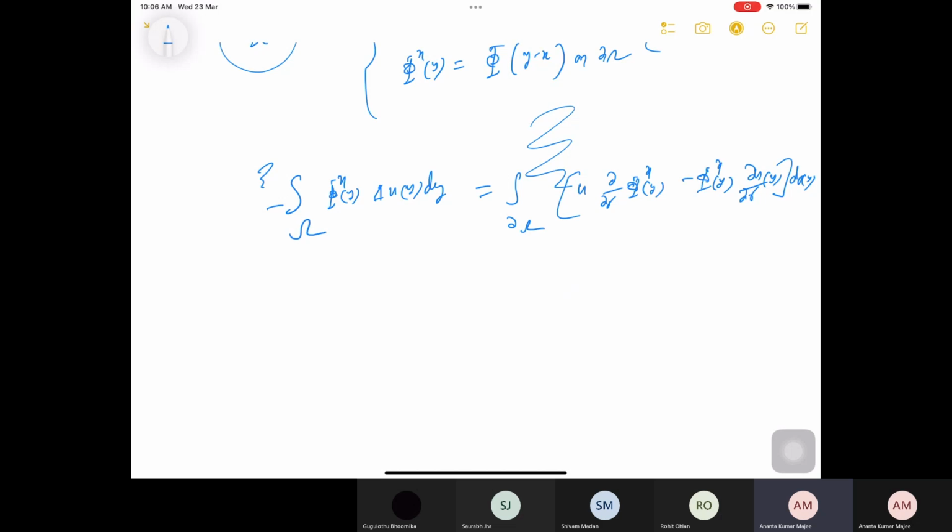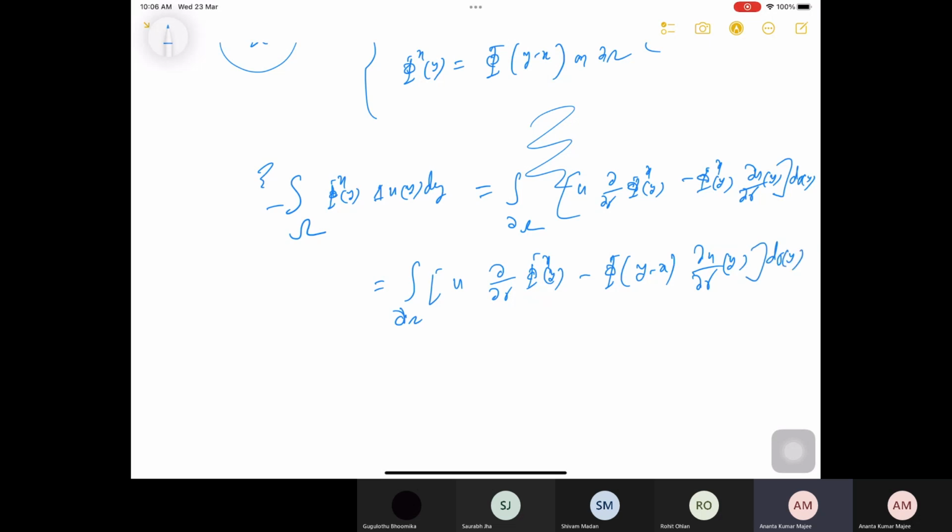Now, since phi x y on the boundary of omega is phi of y minus x, this is nothing but u times the normal derivative of phi x y, minus phi of y minus x times the normal derivative of u of y, d sigma y.